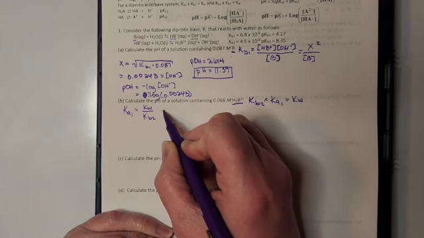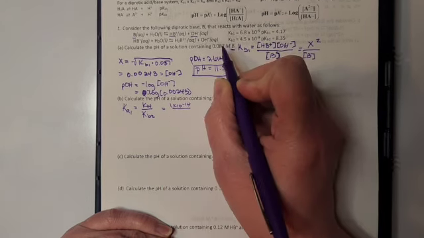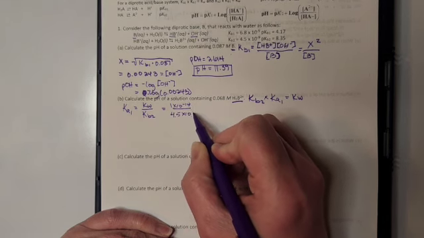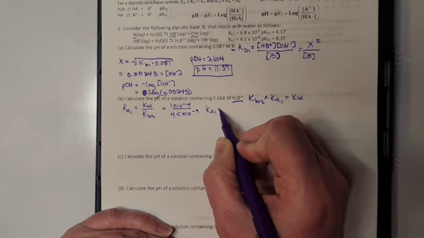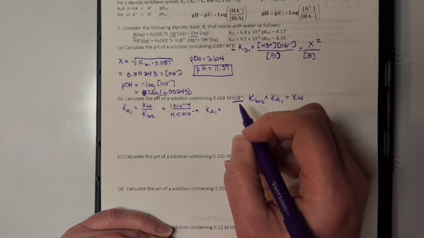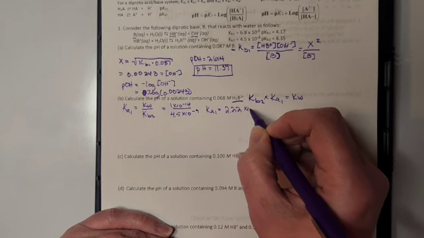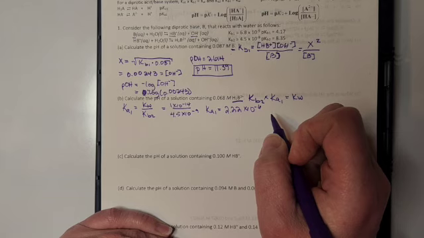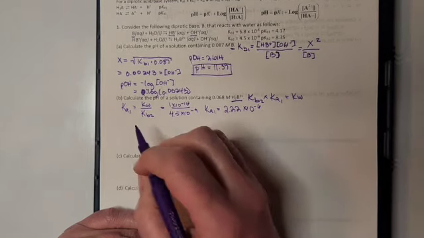When we plug our numbers in, Kb2 is 4.5 times 10 to the negative 9. We're going to get our Ka1 as being equal to 2.22 times 10 to the negative 6th. Now we've got our Ka1 value, and we need to find our hydrogen ion value.